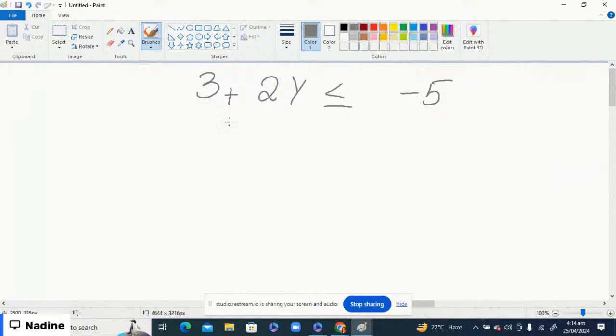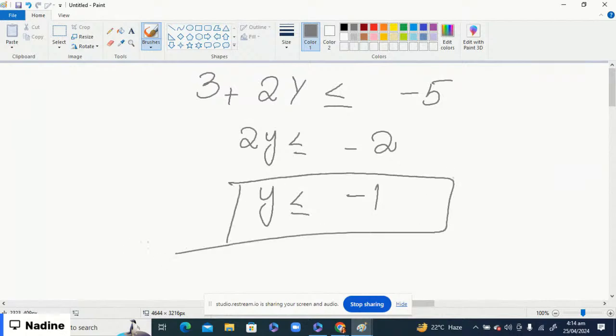Subtracting 3 from both sides, what do you get? Negative 2 here. Dividing both sides by 2, that is negative 1. So the value of y lies at less than or equal to negative 1.